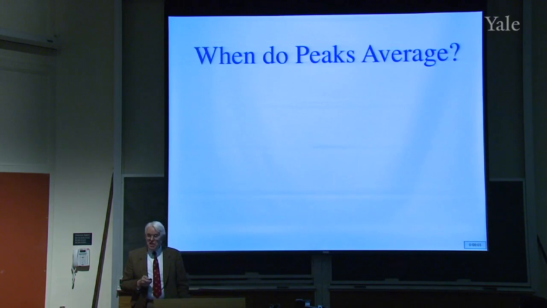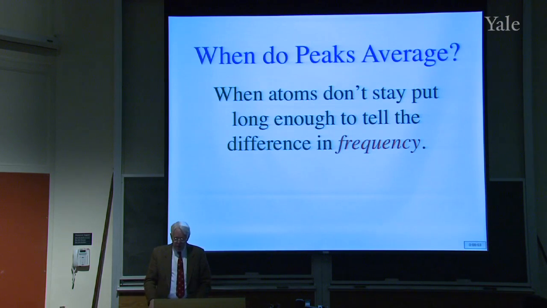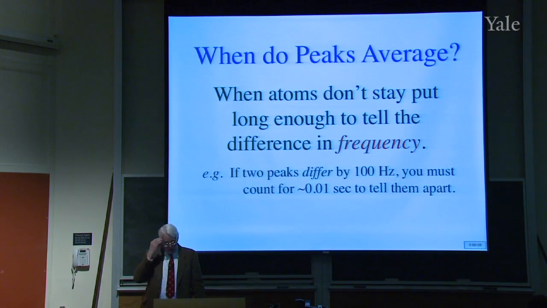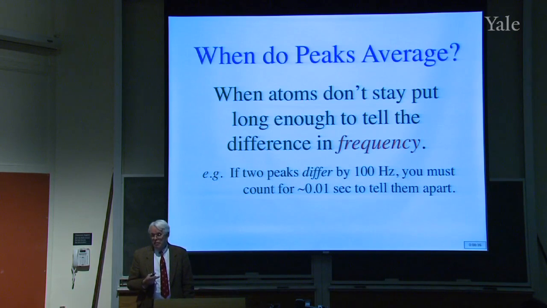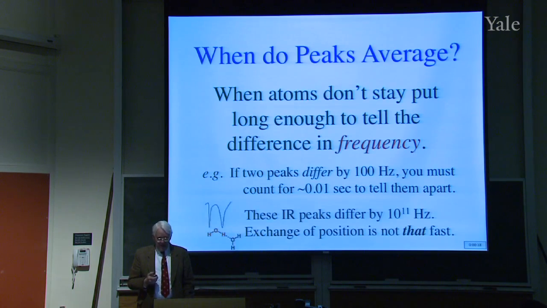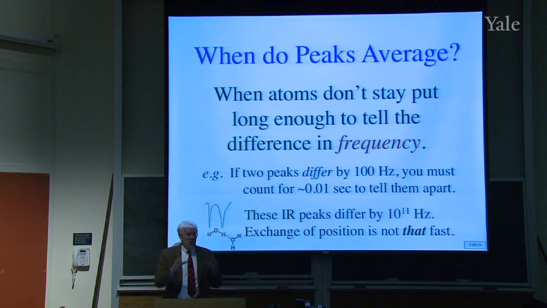Okay, so when do peaks average? When atoms don't stay put long enough to tell the difference in frequency between the 2 sites that they're changing between. So if 2 peaks differ by 100 hertz, you have to count for 100th of a second, roughly, to tell them apart. Okay? But in the IR, they differed by 10 to the 11th hertz, right? So the exchange of position would have to be 10 to the 11th times a second in order to be able to see separate peaks, right?